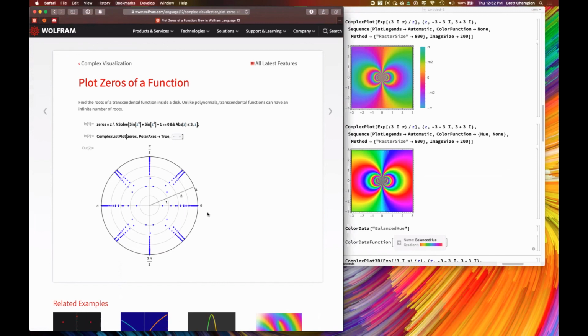But if you have zeros of something that isn't a polynomial, then you frequently end up with an infinite number of zeros or quite a lot of them. And so here we have some expression involving sine, and we're just looking at all of the zeros within a disk of radius 3. And you get, occasionally, some really interesting patterns out of this.